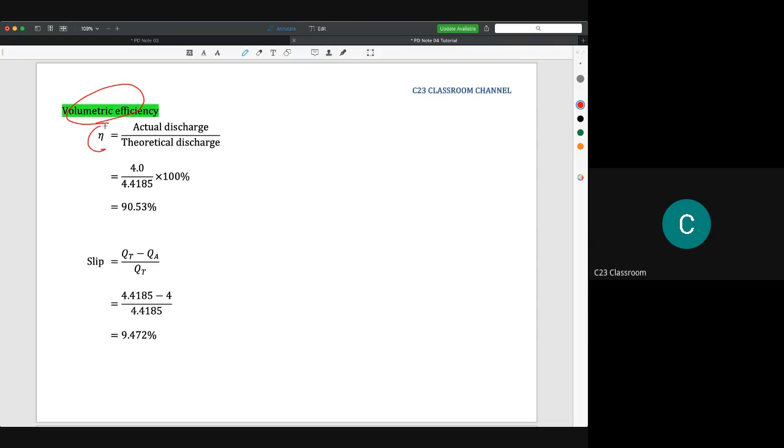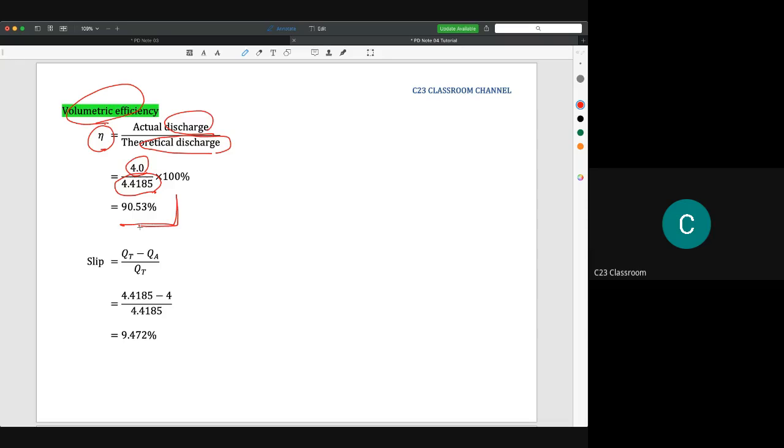The symbol eta here, I think you already know because we use eta as efficiency in fluid mechanics 1 and 2. So the volumetric efficiency is the actual discharge divided by the theoretical discharge. The actual is given in the question as 4 liter per second, and the theoretical is 4.415 times 100%, so you will get 90.53%.